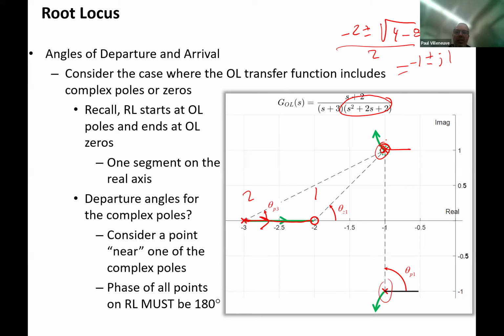If we're really close, we can see that the angle for our pole number 1 is 90 degrees. Or the angle here, oh, this one is a little bit harder. You have to calculate it. Theta Z1 and then theta P1, and then the rest of those has to make up that 180 degrees. So that's that departure angle for theta P2.